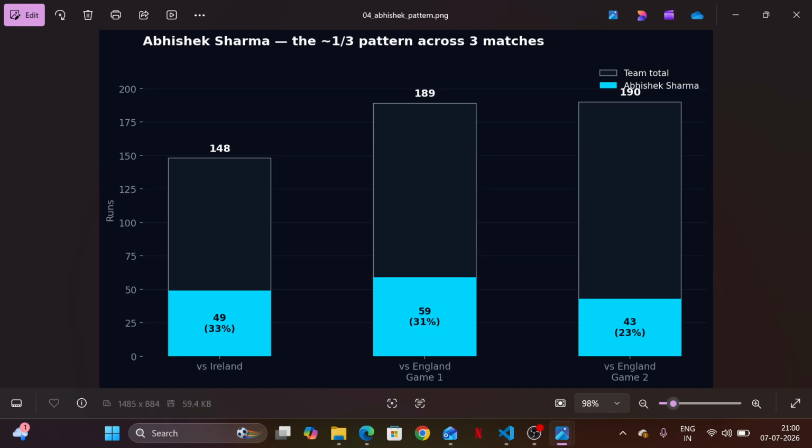Now, what's the problem with Samson? Why is he getting out? I also discovered some patterns in it. Samson is getting dismissed early to good length deliveries, especially outside off, a technical pattern. It is not just bad luck. If you see the early innings of Sanju Samson, he plays very casually.